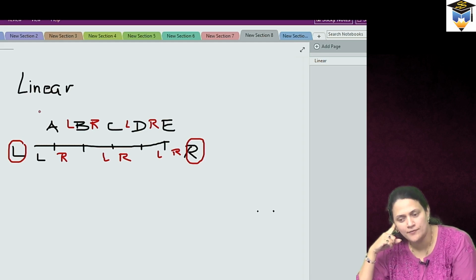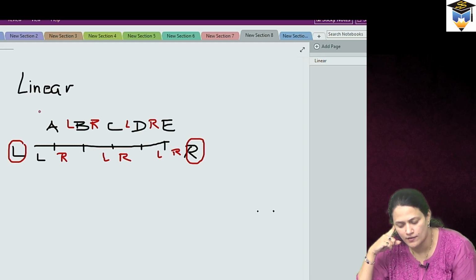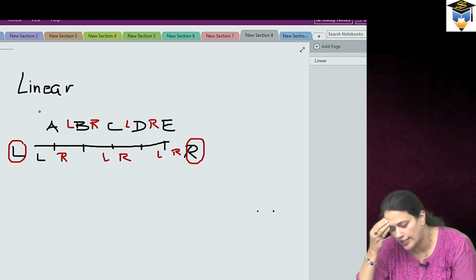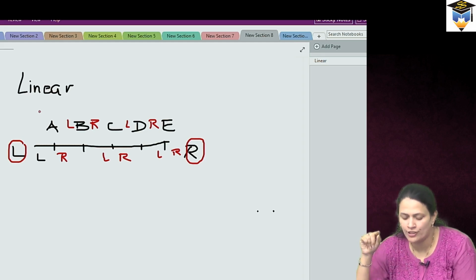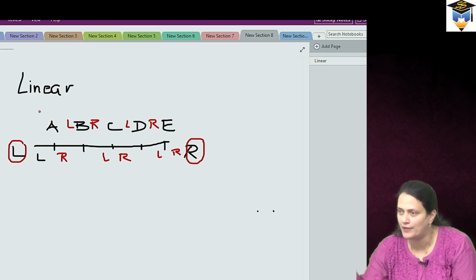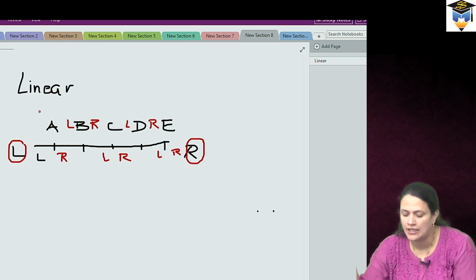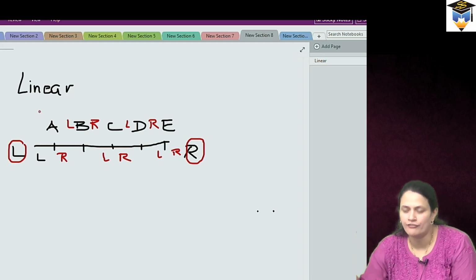For example, C is immediate left of B. C is to the immediate left of B. Will it be correct? And have you written it down? C is the immediate left of B. Second example, D is to the immediate right of E.